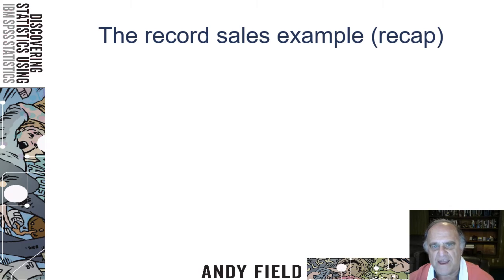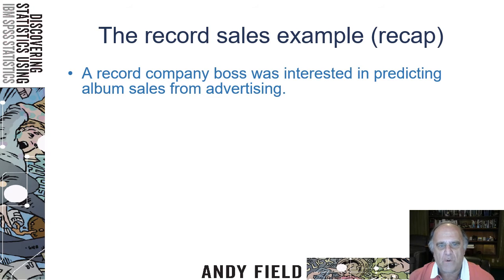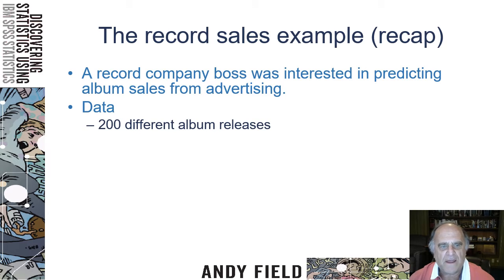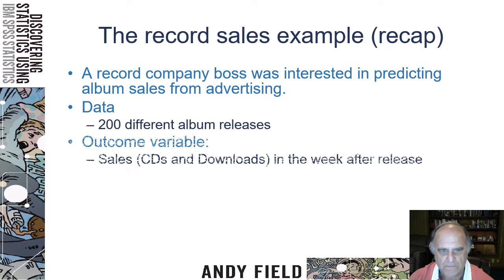All right, so again, the record sales example from Field, a recap. A record company boss was interested in predicting album sales from advertising. The data consisted of 200 different album releases.